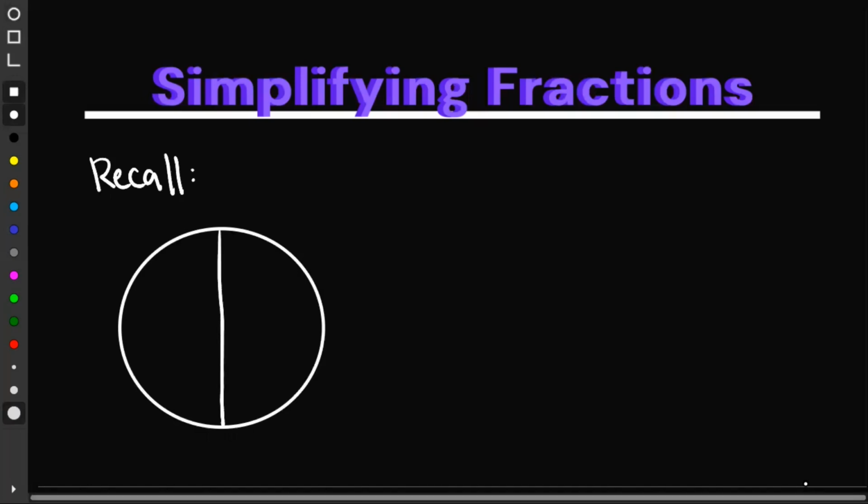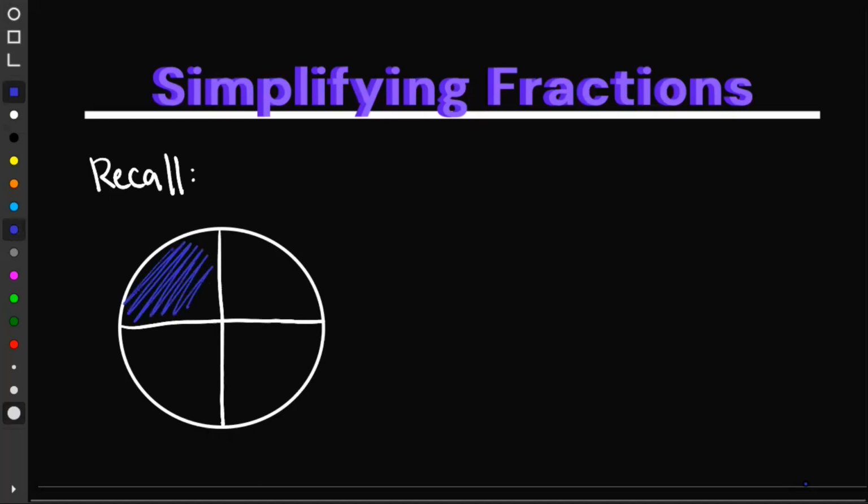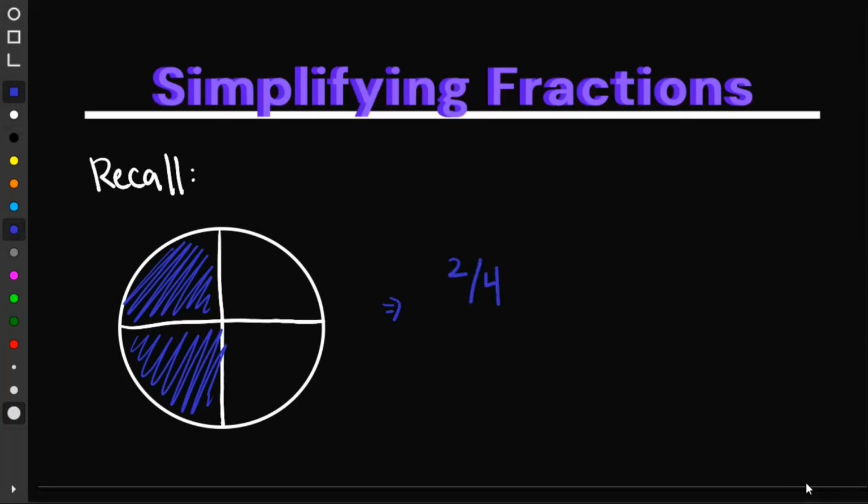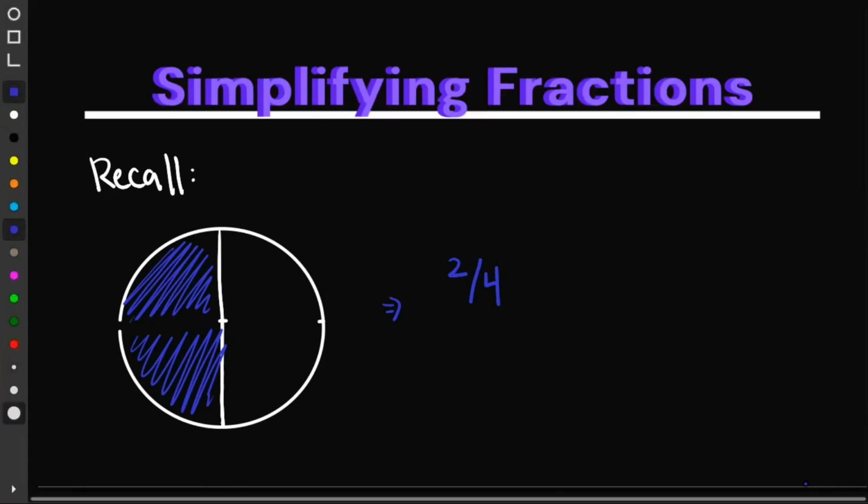So say if we have this whole and we divided it into 4 parts, then we shaded 2 of its regions, then this would mean in fractions as 2/4. But since we can treat this one as just divided by 2, since these 2 parts are equal, then this is equal to 1. So that is how to get the lowest terms.